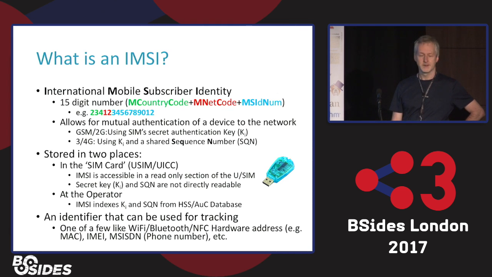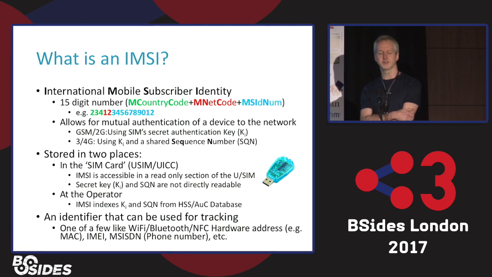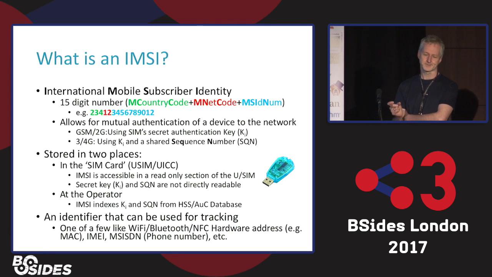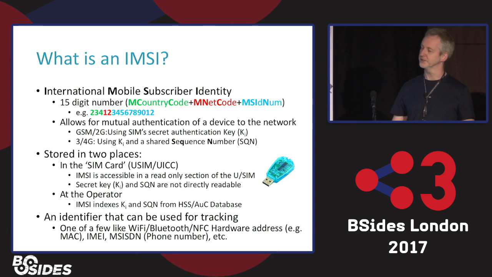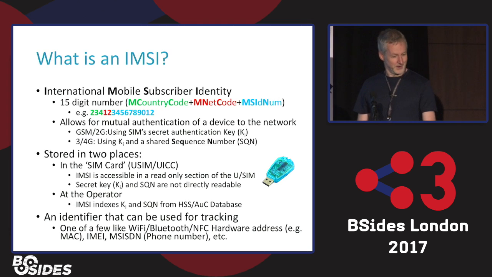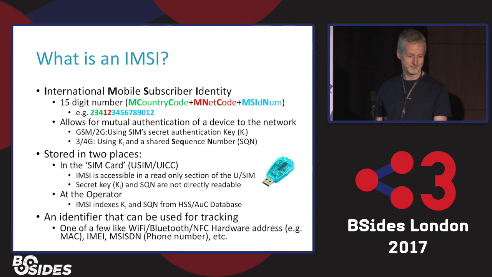But for 3 and 4G, they introduce something called the sequence number, which is shared between the SIM card and the home subscriber server. It provides additional security measures, because basically 2G security kind of sucks, really. But it's still here. Anyway, so it's stored in 2 places.